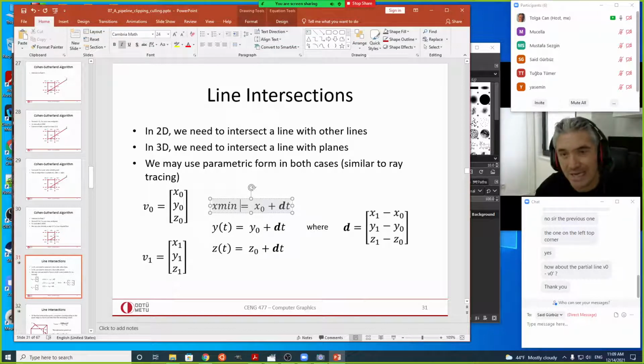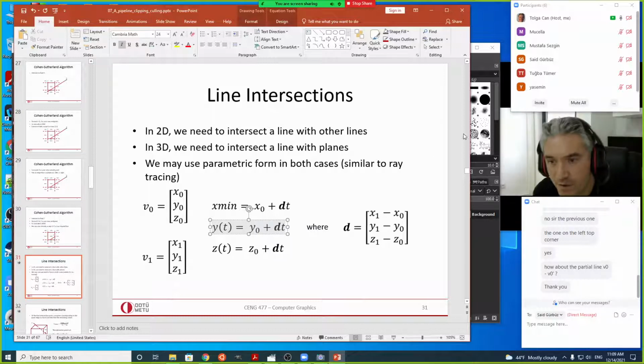If we are intersecting our line with the left boundary, the intersection occurs at x equal to xmin, so we just set this to xmin. There's only one unknown, which is t. After finding this t, we plug that t in here to find the y coordinate of the intersection, and this is how we can find the intersecting point.